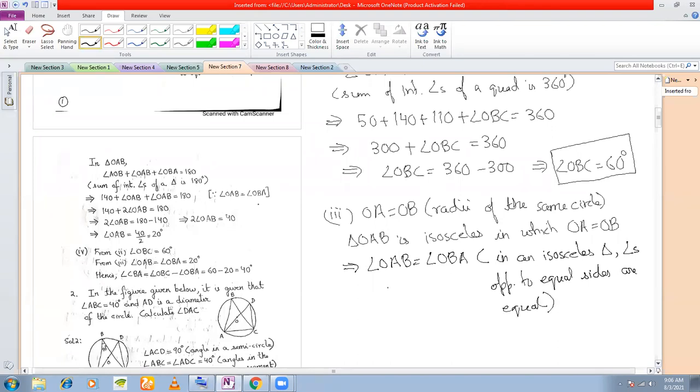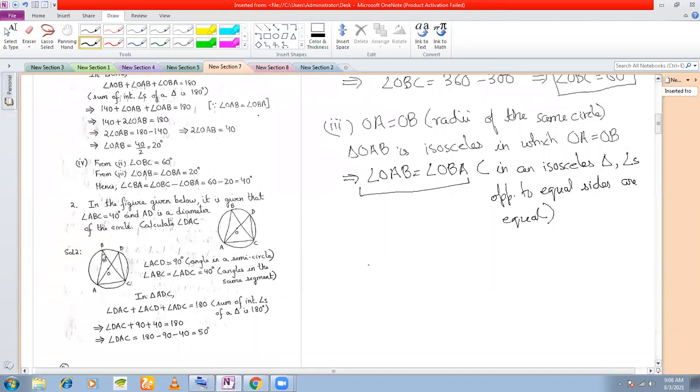Now, once you know that these two angles are equal in triangle OAB, we'll use the fact that the sum of interior angles of a triangle is 180.